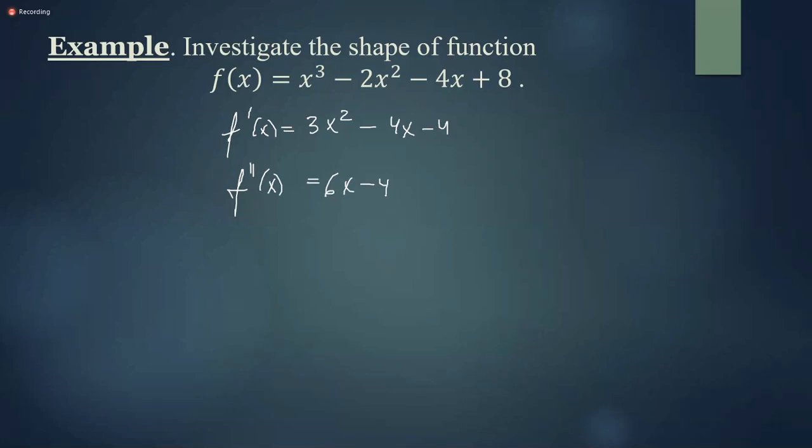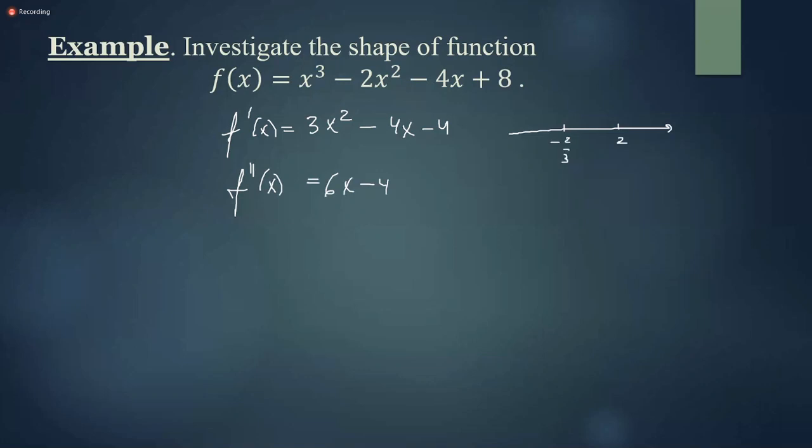For the first derivative, the critical points, if you decide to factorize it, or use the formula to find the zeros of the first derivative, are 2 and minus 2/3.